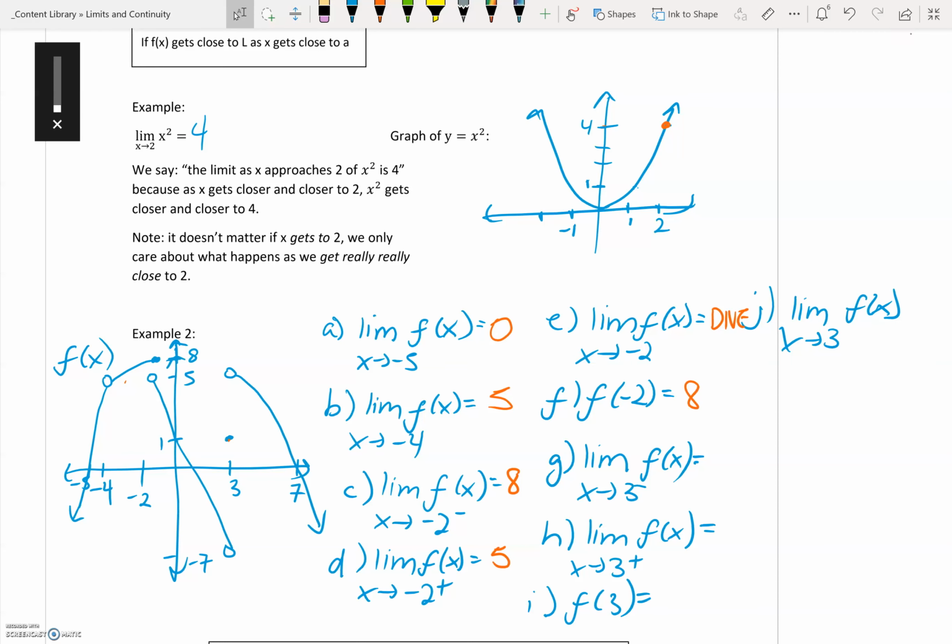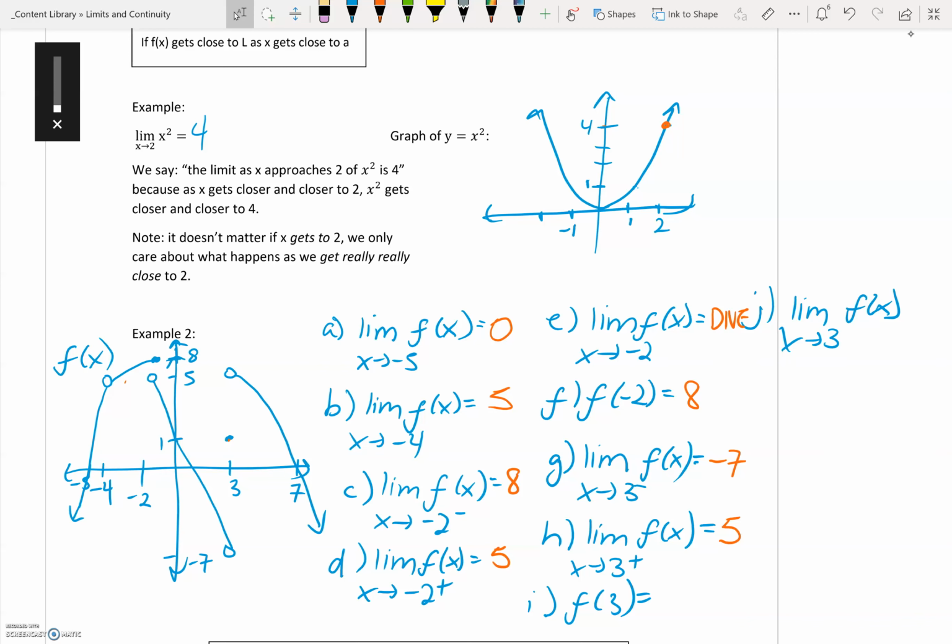Now moving on, the limit of f of x as x approaches 3 from the left-hand side. As we approach x equals 3 from the left-hand side, our y value looks like it's going to be -7. Approaching from the right-hand side, it looks like we're going to be at 5.